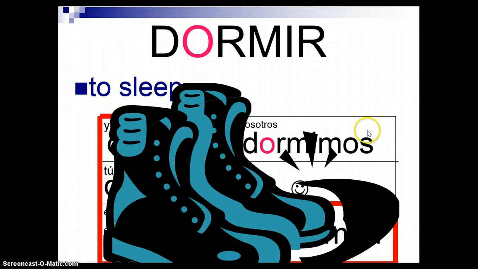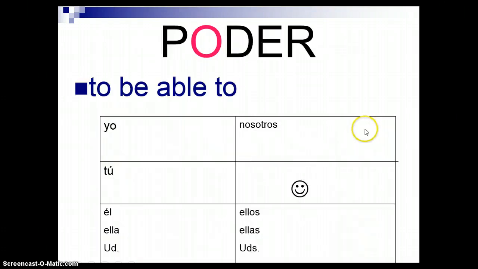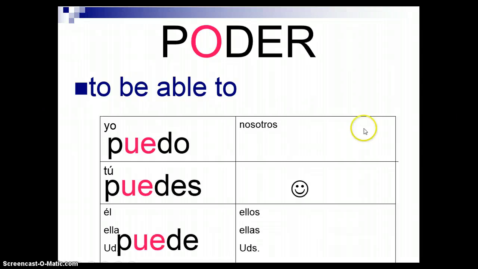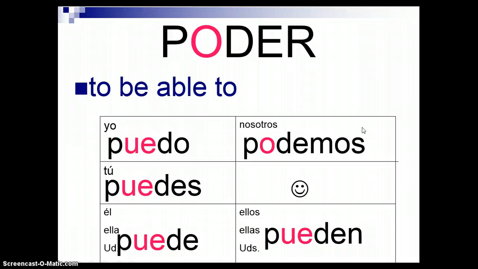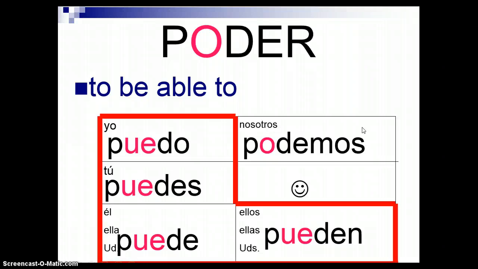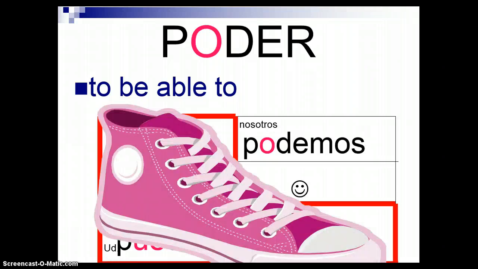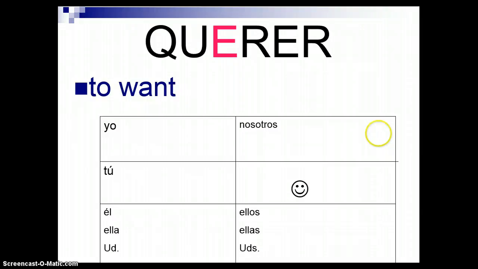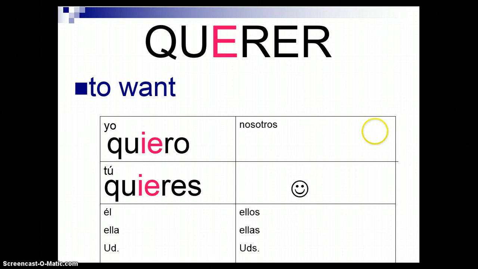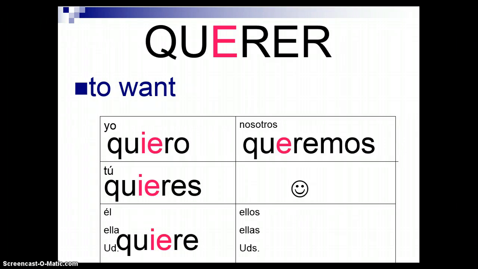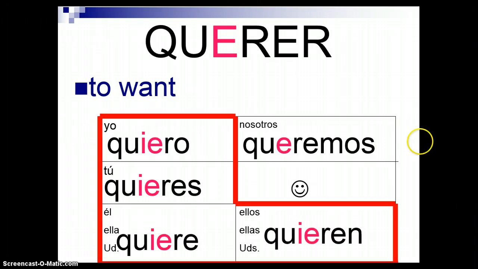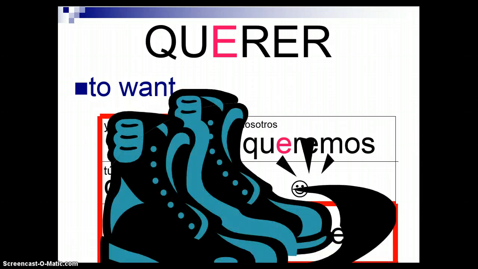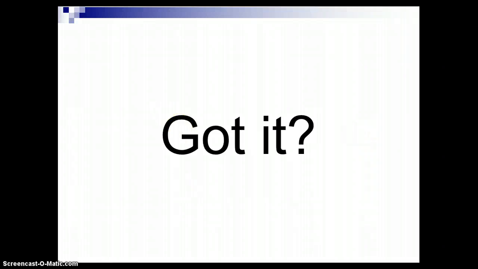This should probably be very familiar to you. Poder, puedo, puedes, puede, podemos, and pueden. And again, there is our shoe or our boot. And querer, the stem changes and it goes quiero, quieres, quiere, queremos, and quieren. And again, there is our boot. So it's super fascinating, and I hope you got it.